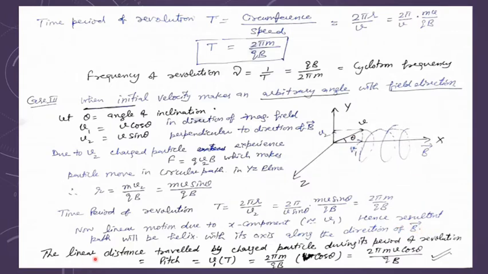If you want to find the linear distance traveled by the charged particle, it equals the pitch, which is the component of velocity in that direction multiplied by the time period T. So this is v cos theta into 2 pi m divided by qB. You can write it as 2 pi m v cos theta divided by qB. This is the value of the pitch.